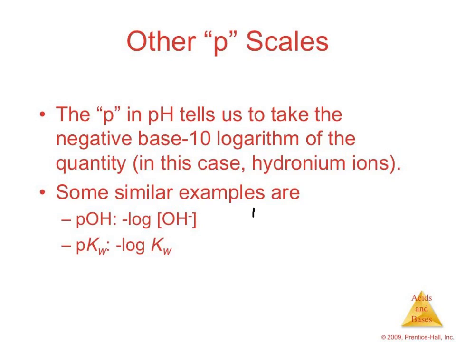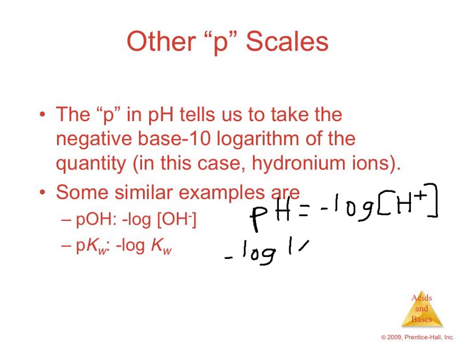So instead of pH being the negative log of the H plus concentration, for pOH, take the negative log of the OH minus concentration, and that will give you a number similar to pH, usually within the 1 to 14 range. pKw is the negative log of your Kw expression. Now your Kw number is 1 times 10 to the negative 14th. So your pKw is always going to be 14, because you take the negative log of 1 times 10 to the negative 14th.